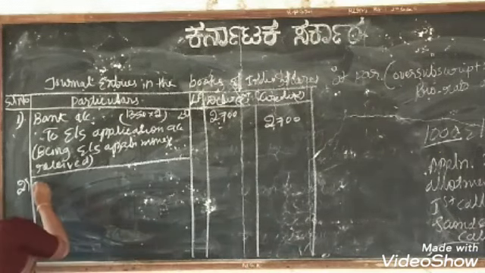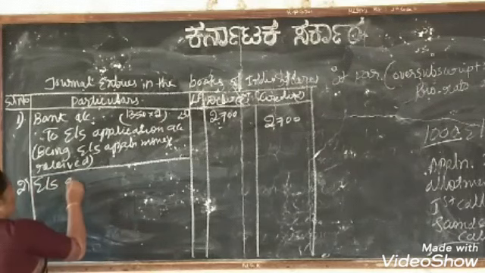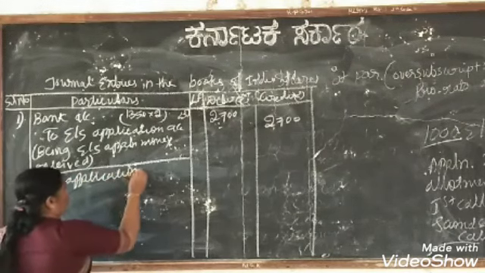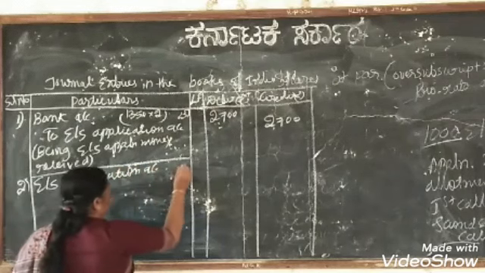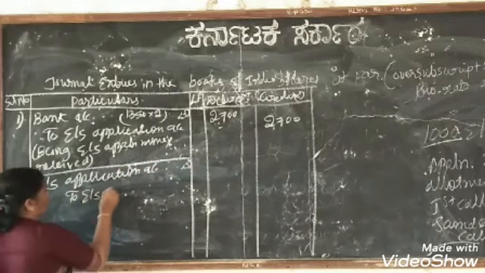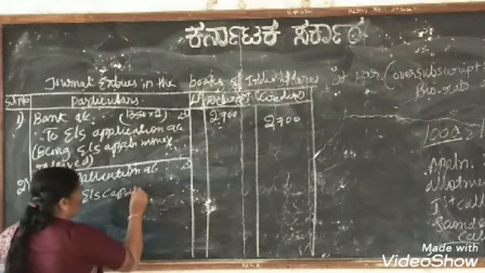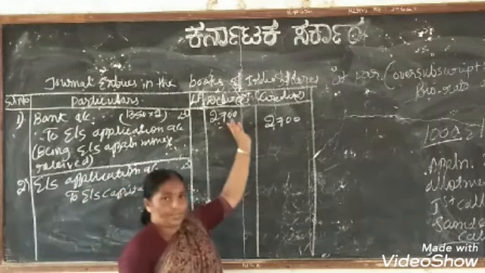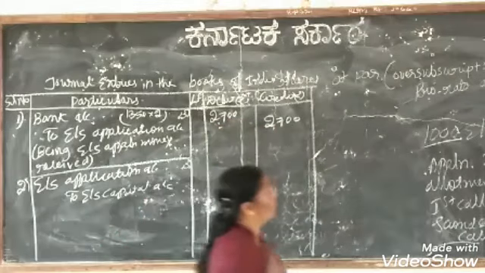Equity share application account debit to equity share capital account. How much here? 2,700 we cannot take. How many shares did we actually allot?